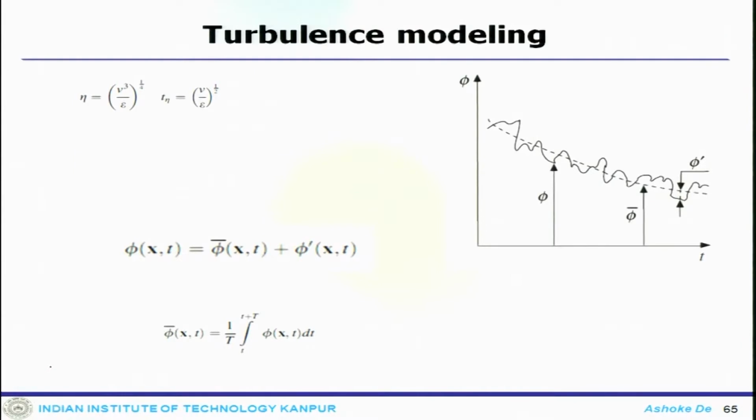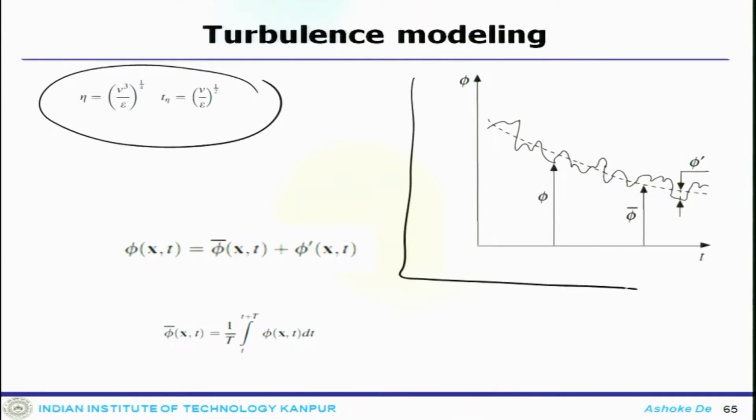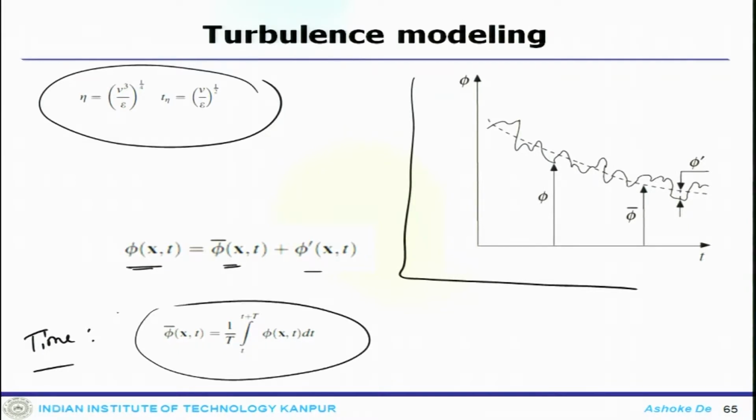So, this is how your small scales are defined, and this is your instantaneous flow field. Reynolds averaging says any flow variable is a mean plus a fluctuating component, and for time averaging, this is how you evaluate it. So, this is the Reynolds decomposition.